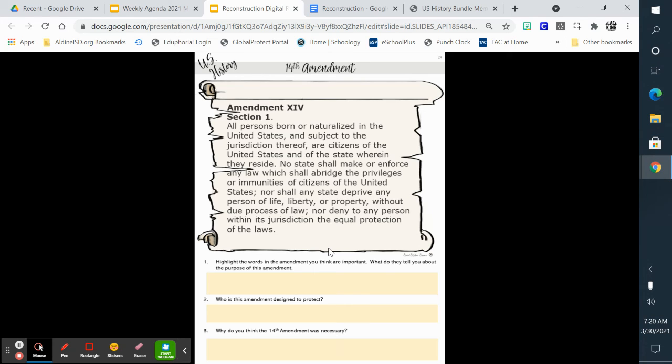No state shall make or enforce any law which shall abridge the privileges or immunities of citizens of the United States, nor shall any state deprive any person of life, liberty, or property without due process of law, nor deny to any person within its jurisdiction the equal protection of the laws. So you guys will go through and complete these 3 questions based on what we just read.